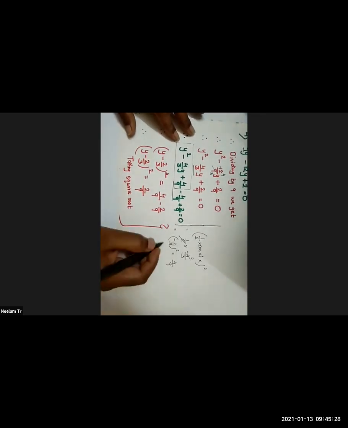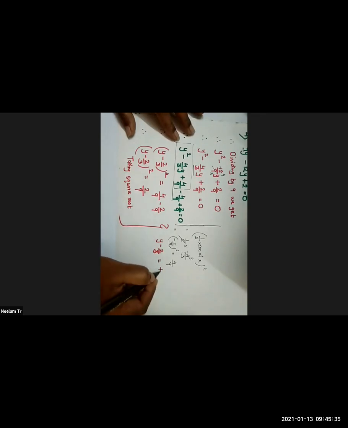What you will get? Y minus 2 by 3 is equal to plus or minus root 2 by 3. 9 ka square root is 3.